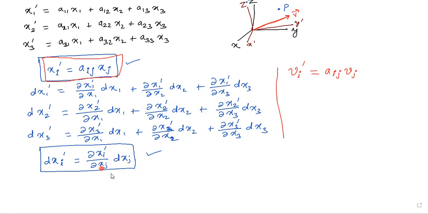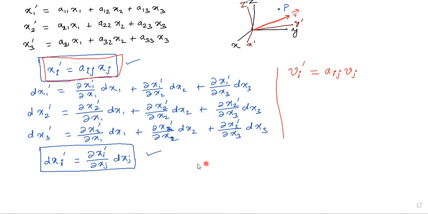In this case, the coordinate systems are curvilinear coordinate systems. They need not be Cartesian; they are any curvilinear coordinate systems. So any quantity whose components transform according to this rule is called a general vector.